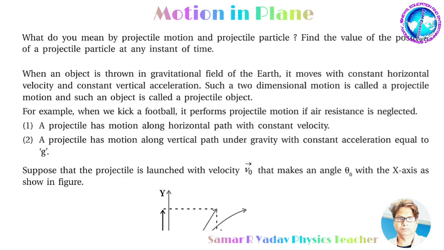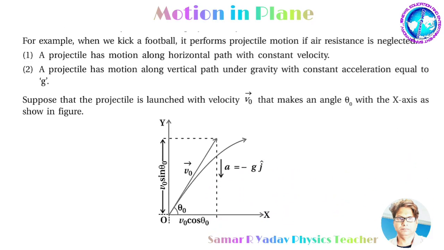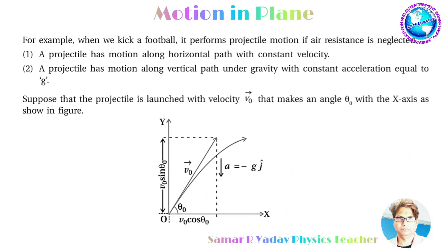If air resistance is neglected, first, a projectile has motion along horizontal path with constant velocity. Second, a projectile has motion along vertical path under gravity with constant acceleration equal to g. Suppose that the projectile is launched with velocity v0 vector that makes an angle theta 0 with x-axis as shown in the figure.